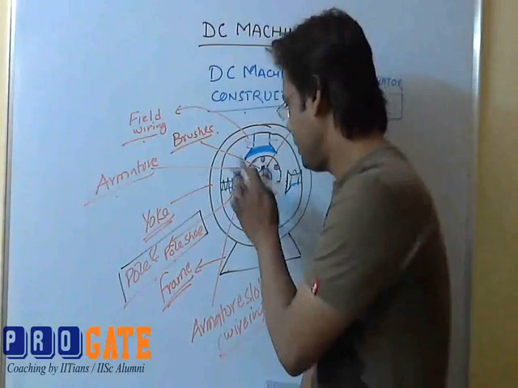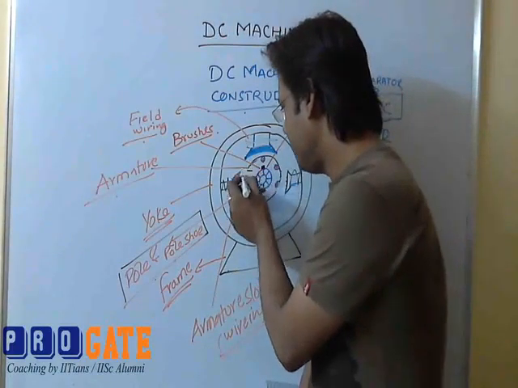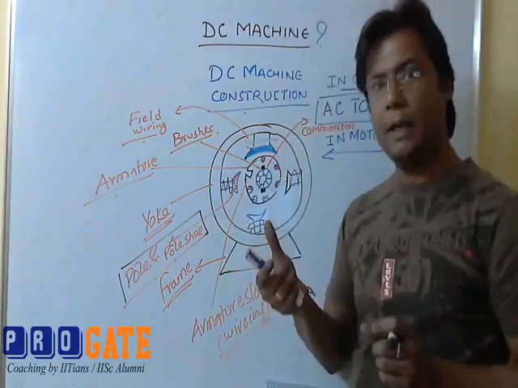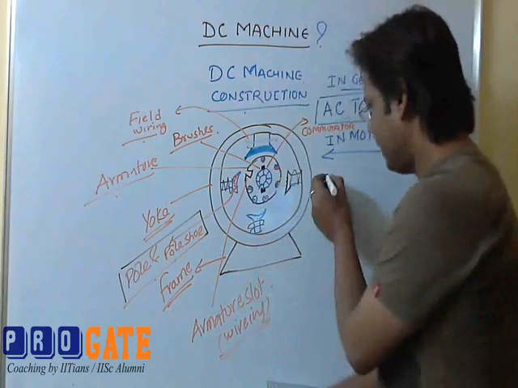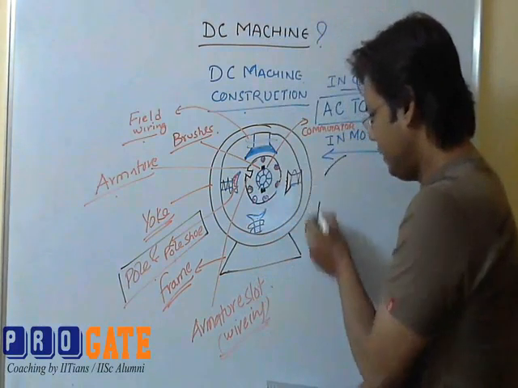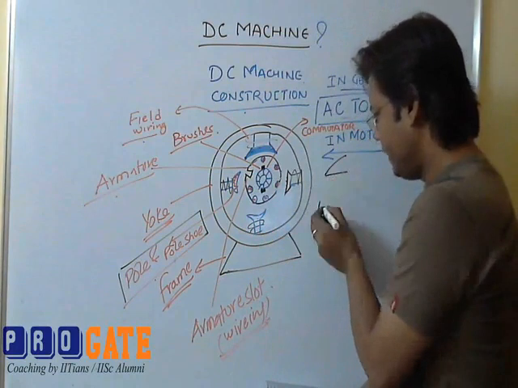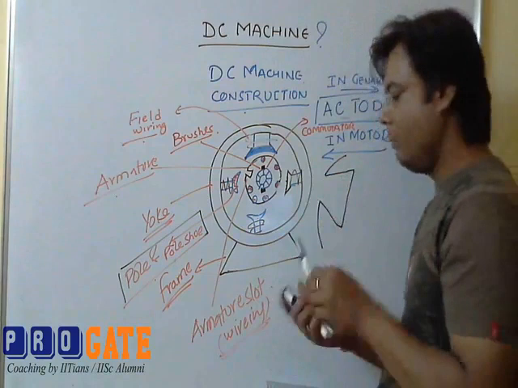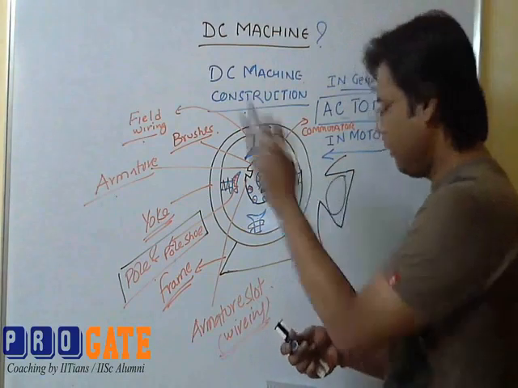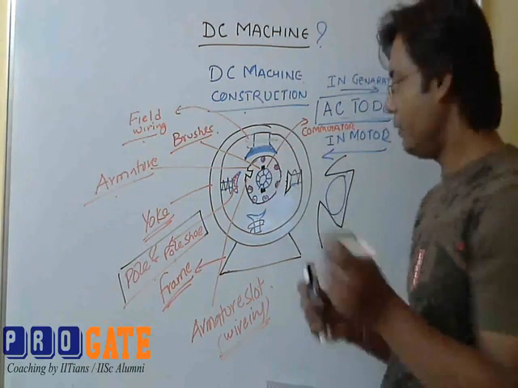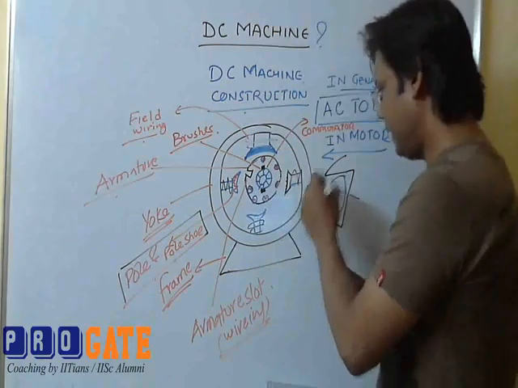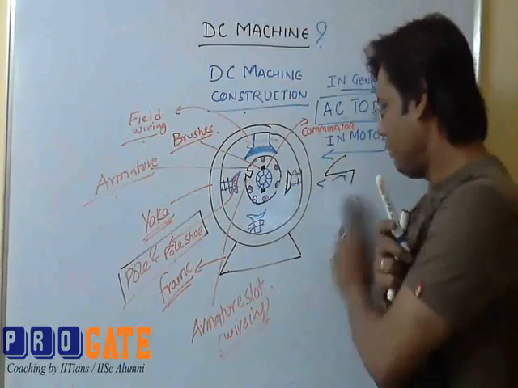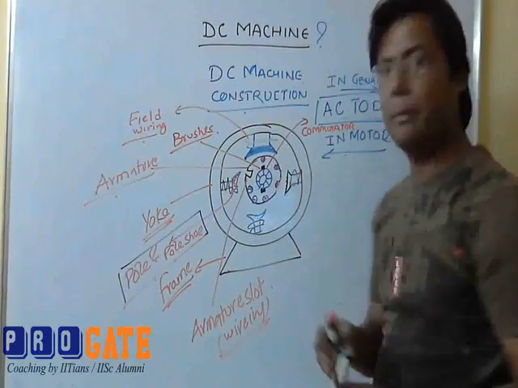So they are tapered at the outer end and have a bigger width. If I enlarge this, it would look somewhat like this, so that when the armature winding is placed inside, it will not come out under centrifugal force, which works outward. So this is the way armature slots are.